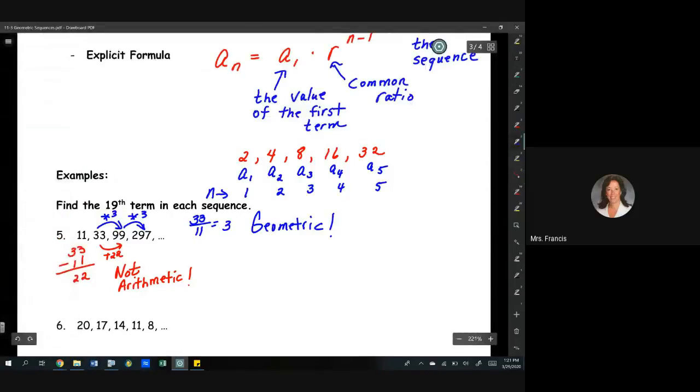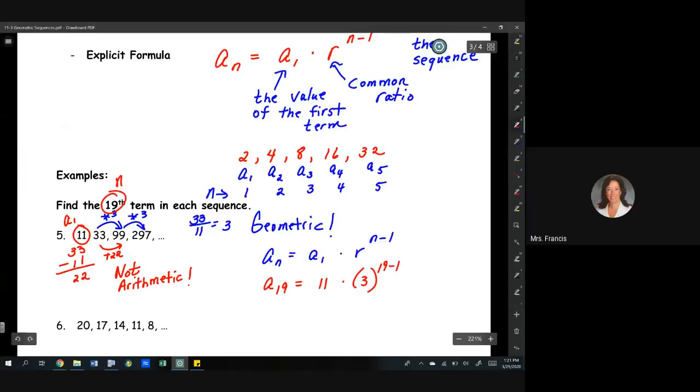So we're going to write that formula out. We know that a sub n equals a sub 1 times r to the n minus 1. N in this case is 19. We want the value of the 19th term, and that's going to be equal to the value of the first term, which is, of course, 11, times the common ratio we've identified as 3.